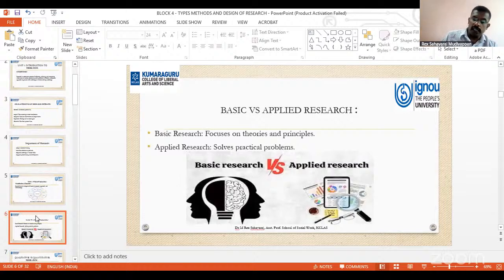So, the first of the types of research, after we have seen the elements of research: basic versus applied research. These are two types of research. Basic focuses on theories and principles.